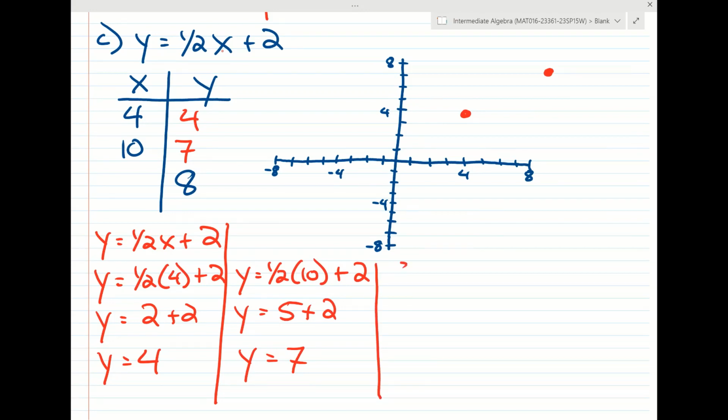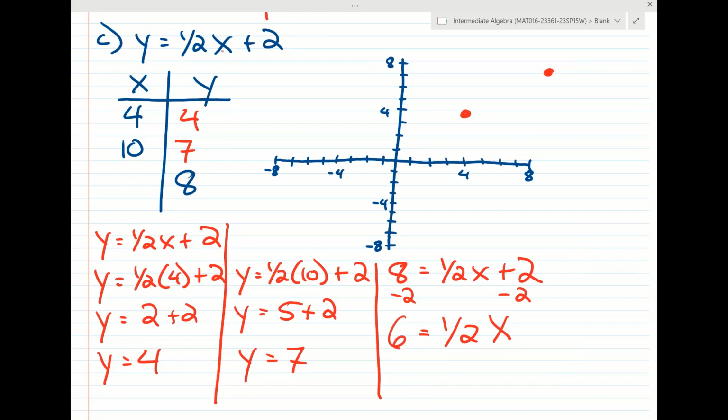And then if y is 8, subtract the 2. 8 minus 2 is 6.